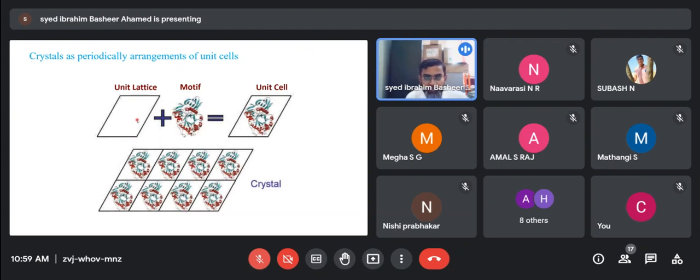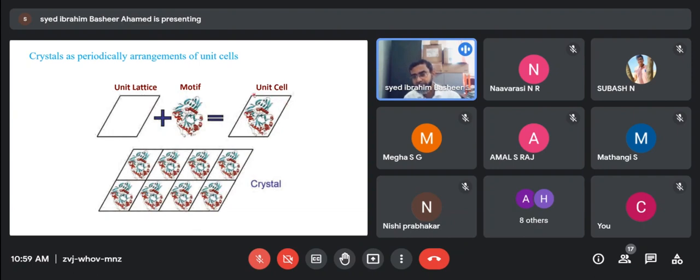So assume here one unit, a unit lattice. Assume it is occupying one molecule. We call it a unit cell.